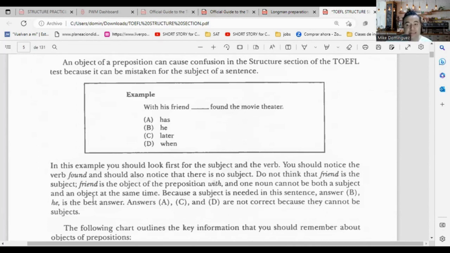The correct answer is B. "He" is the best answer. A, C, and D are not correct because they cannot be subjects. With his friend, he found. So together with his friend is part of the subject.